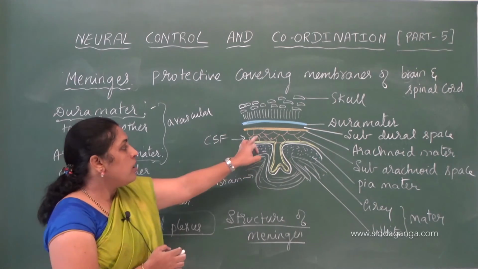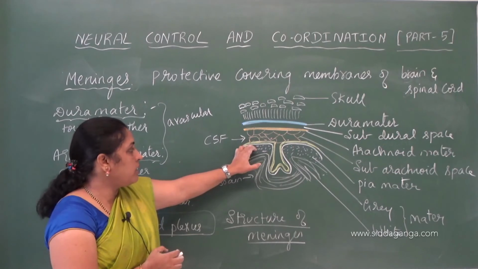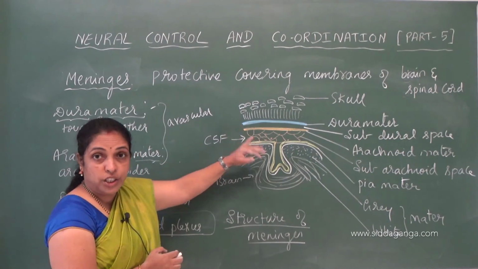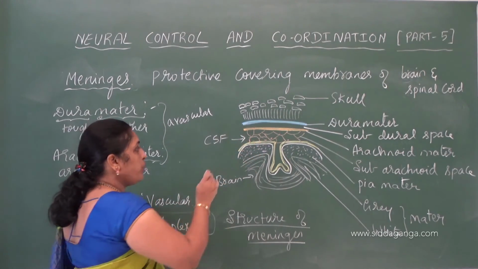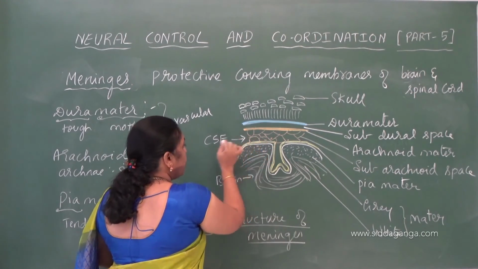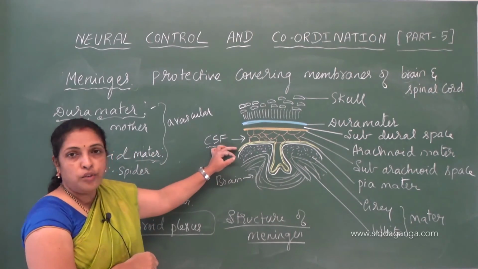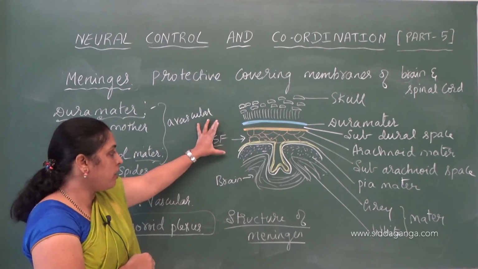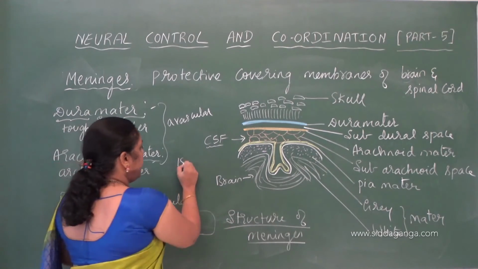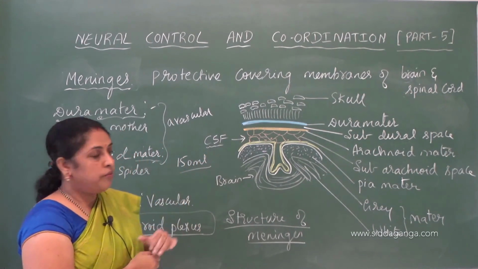exchange of food materials, respiratory gases and excretory products, all exchanged between the blood vessels and nervous tissue through this cerebrospinal fluid. Nearly 150 ml of fluid is present in both male and female.